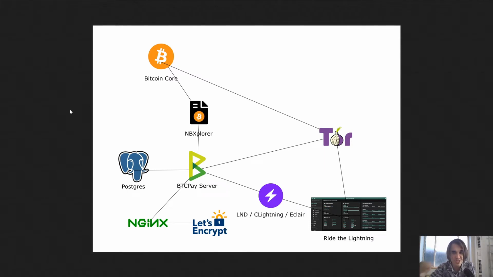So the approach that we took with BTCPay Server very early, and one that most people are using when hosting BTCPay on a VPS, is we decided to use Docker. Docker, in a nutshell, is kind of emulating a specific operating system of a specific version for the application it's running.